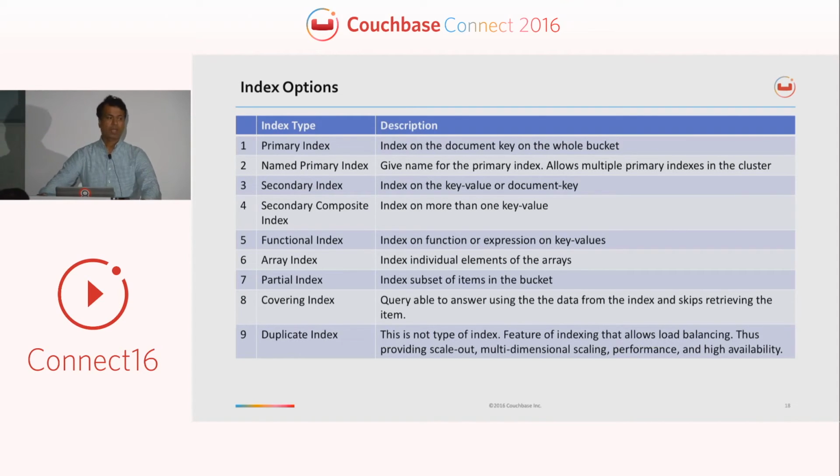Partial index. As I mentioned earlier, partial index, okay, let me step back a little bit. In Couchbase, you use a single bucket to store multiple types of documents. You saw the hotels, airlines, and all that. We use a type field as a discriminating field to differentiate between the different documents.